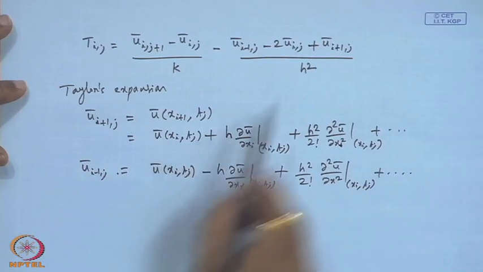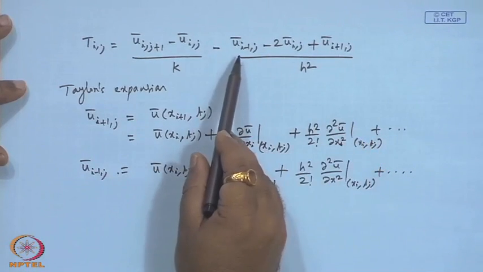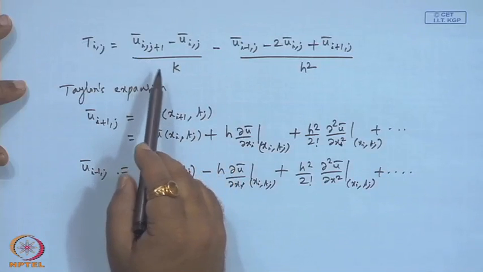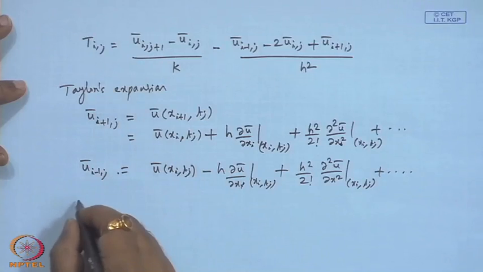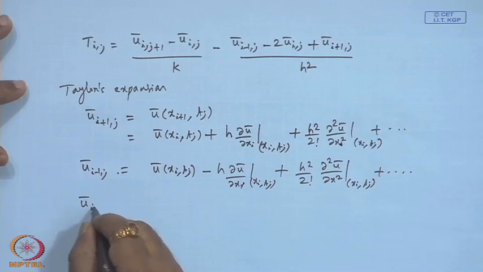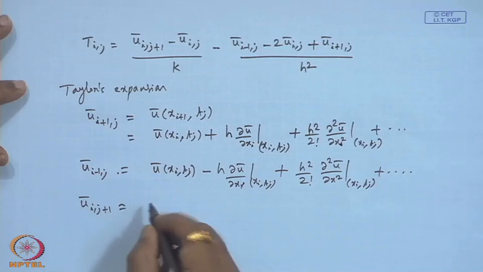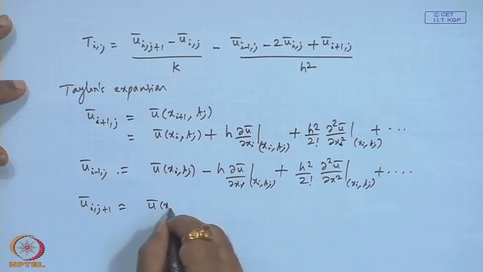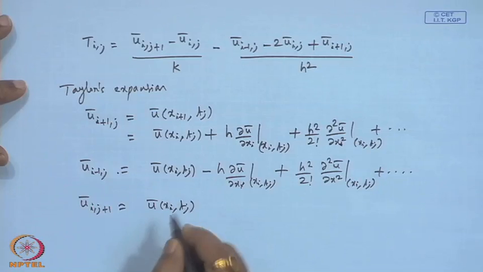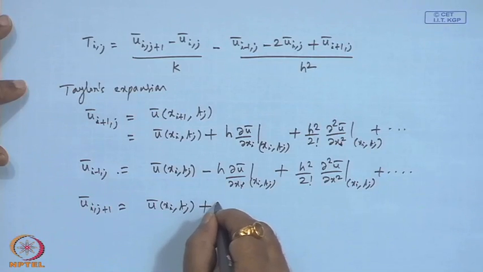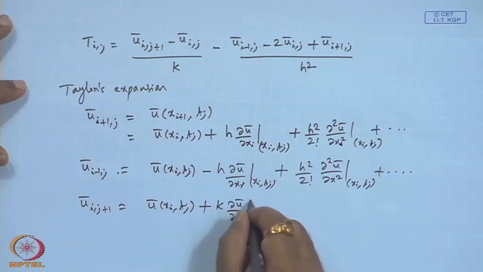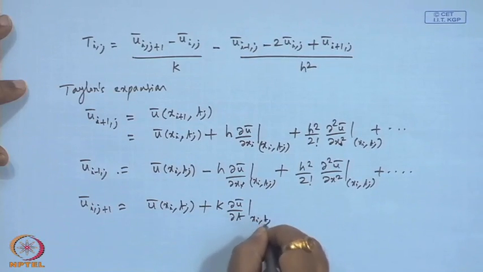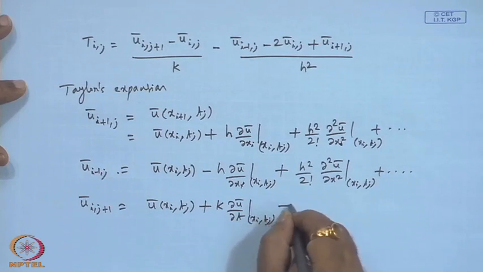So, u i plus 1 we have computed, i minus 1, and we have with j plus 1. So, better we write this term as well. So, this is with k and the derivative is with respect to t.